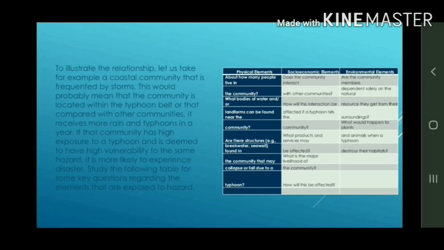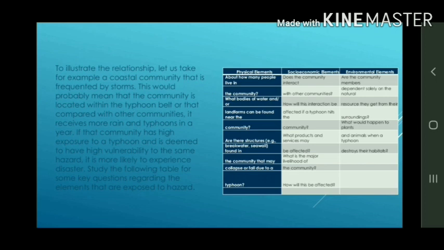Okay, so to illustrate the relationship of our given figure, let us take, for example, a coastal community that is frequented by storms. Meaning, yung coastal community na yan, yung area na malapit sa dagat ay parating nasasalanta ng bagyo o yung storm surge na tinatawag.